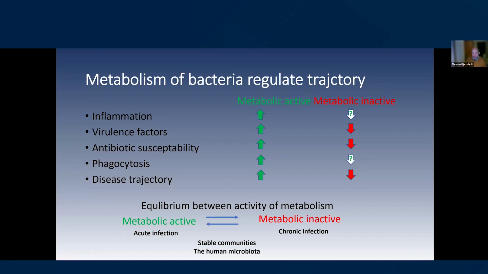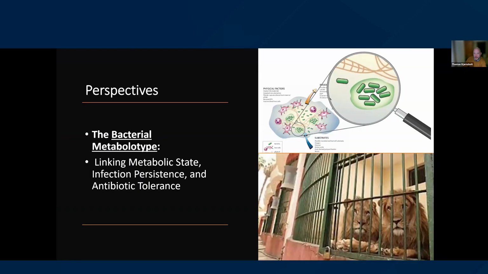This moves away from distinguishing between acute and chronic with planktonic and biofilms. We think a lot of the metabolism is probably controlled by signaling factors, for example cyclic di-GMP, oxygen, pH, and so on, but that is something we are investigating these days.